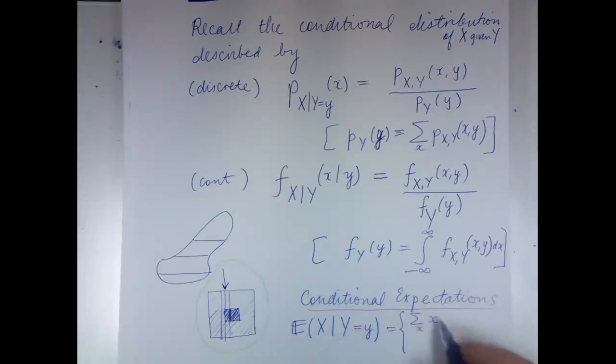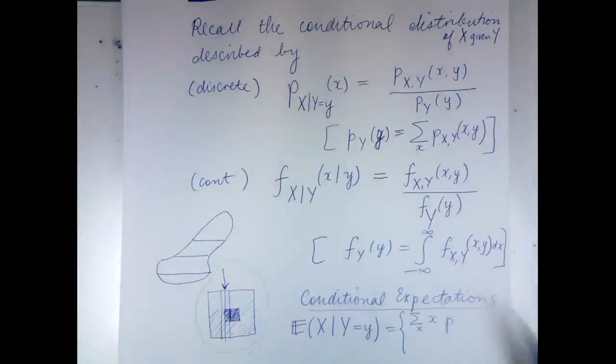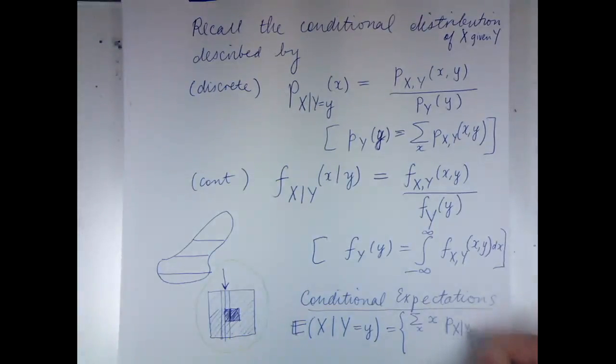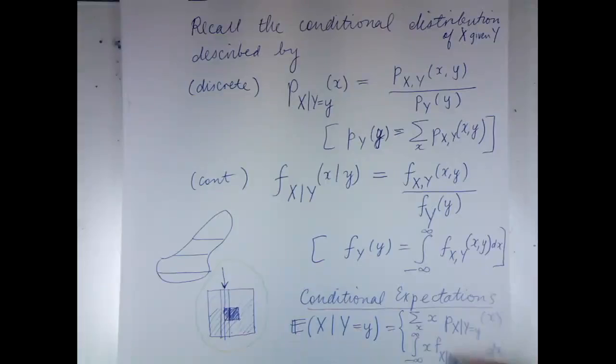I sum all the possible x values times their probability, and the probability is just this discrete probability of X given Y equals y. So there should be no surprises, reiterating what we already know, but with a conditional distribution. In the continuous case, I would integrate over all possible x values, x times f of x given y, dx. So nothing other than what you expect.